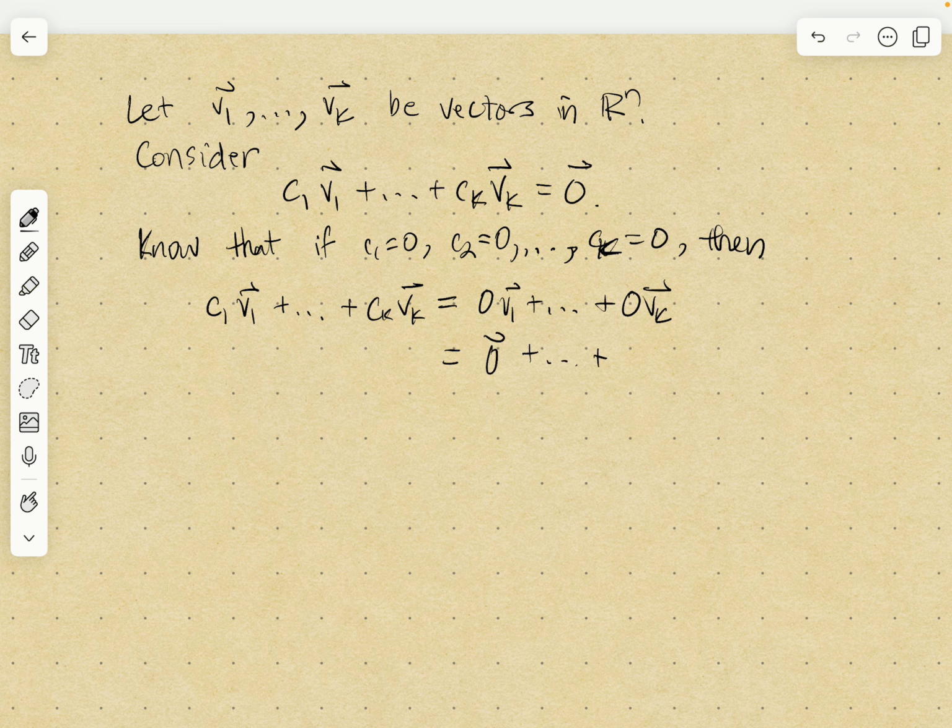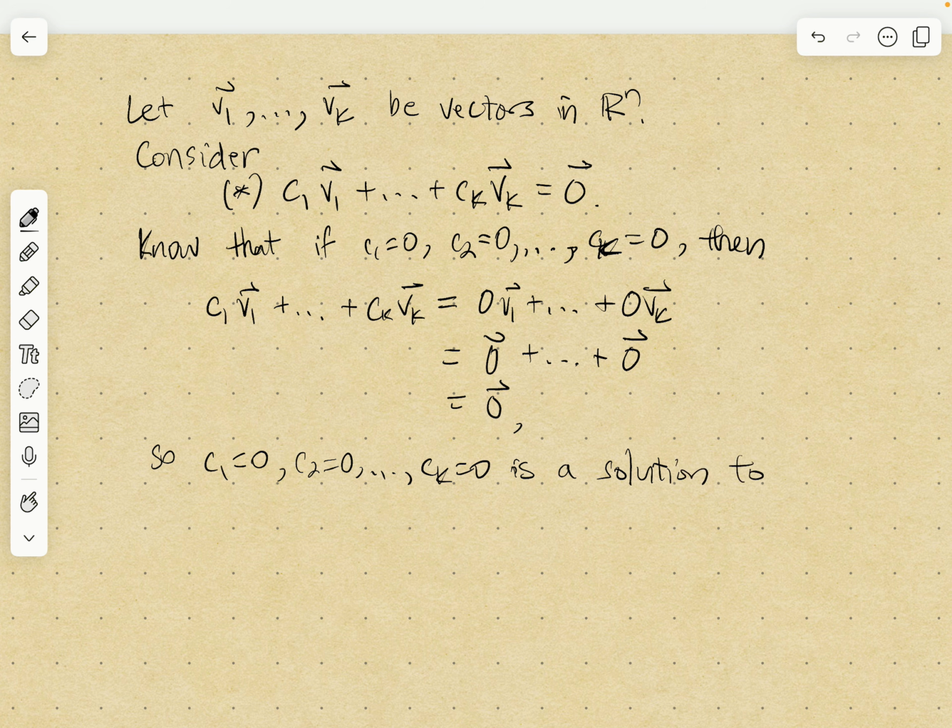So I'm just adding the 0 vector k times, and that's going to give me the 0 vector. So let's call this equation star. So c1 equals 0, c2 equals 0, dot dot dot, through ck equals 0 is a solution to this equation star.